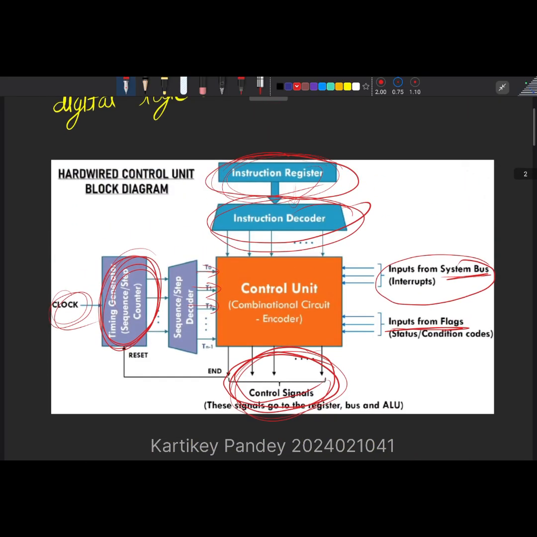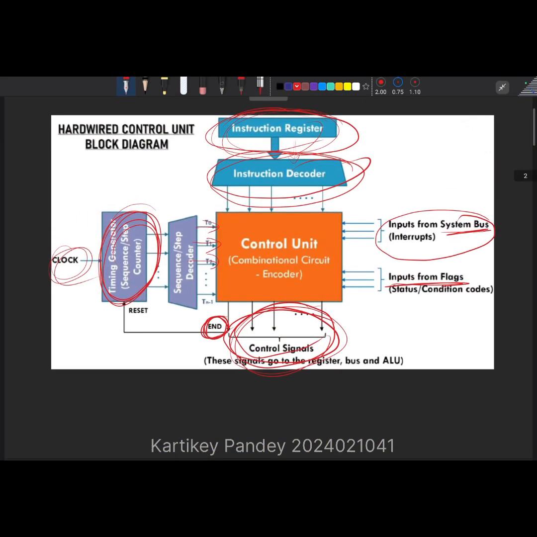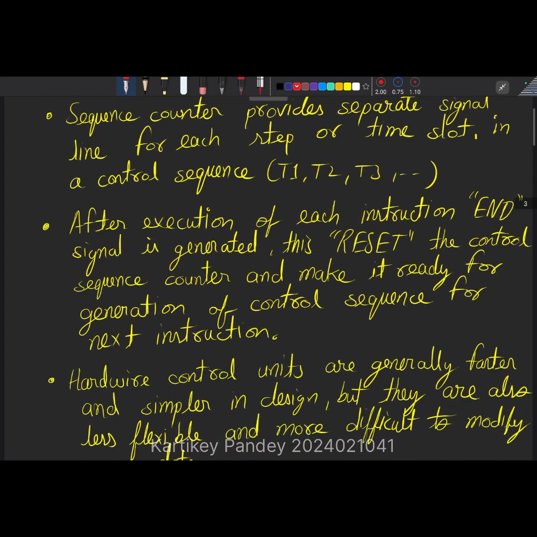Here we can see we have the end signal. This end signal resets the control sequence counter, and thus it makes the control unit ready for generation of the control sequence of the next instruction.